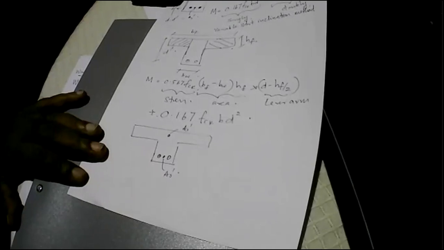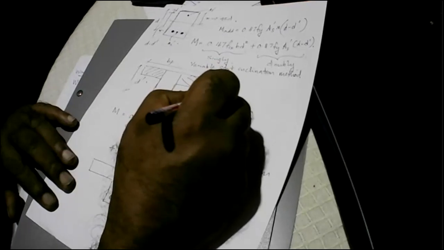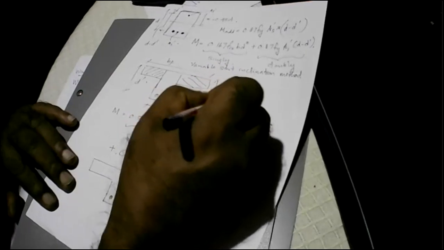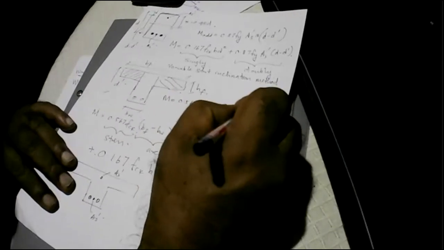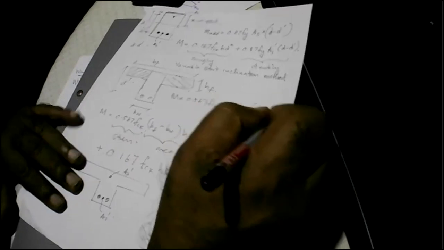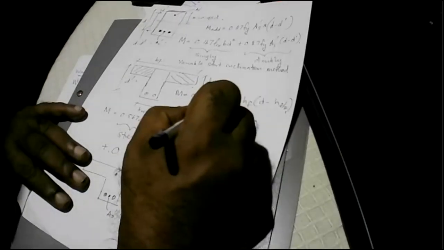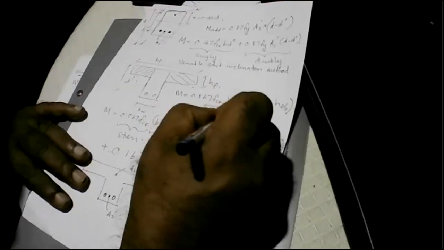So when you have a flange beam, you can simply check M as 0.567 FCK BF multiplied by HF multiplied by (D minus HF divided by 2). That means the full flange is in compression.